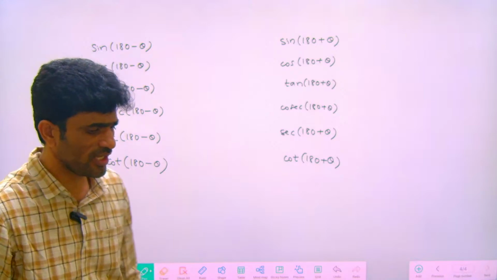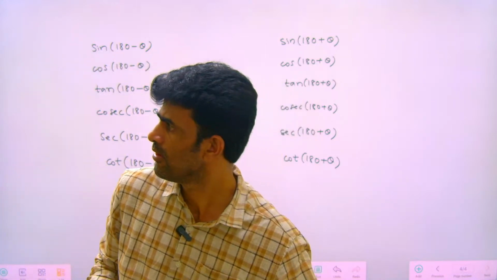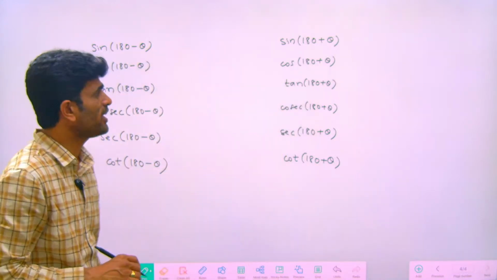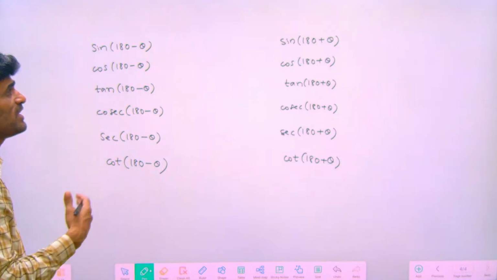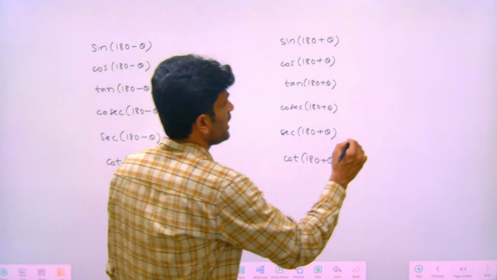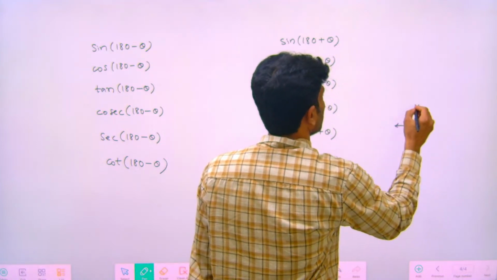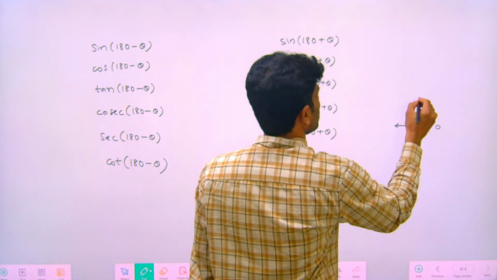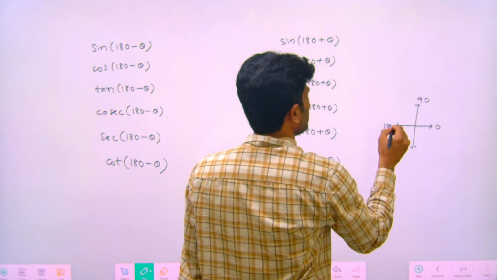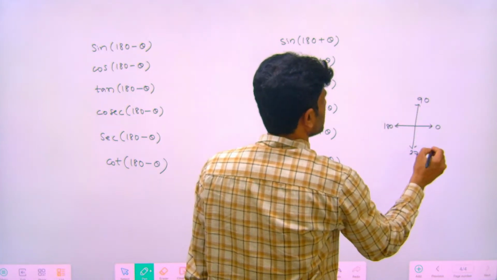Now what do you have to identify first? First we have to identify in which quadrant it is. Again, roughly if you draw here, 0, 90, 180, 270, 360.